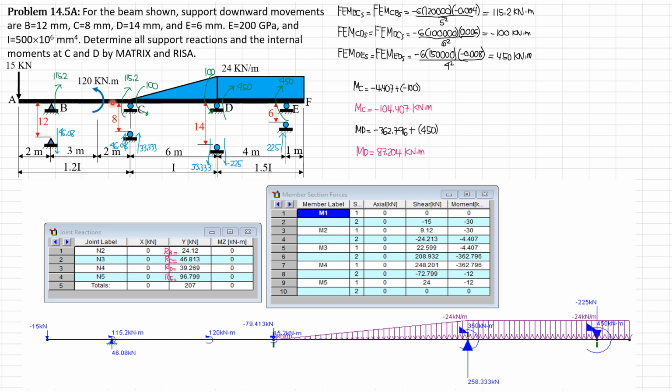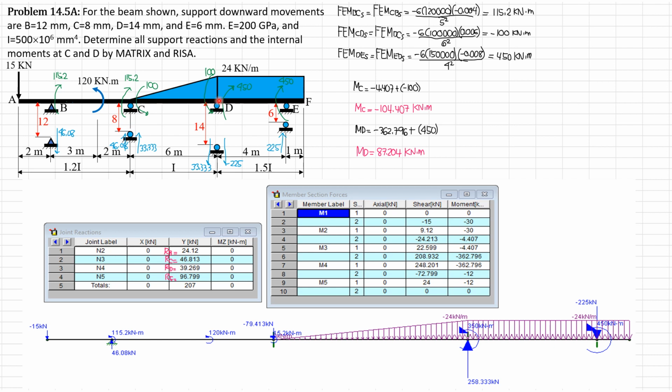Since there's no other vertical or downward load on BC, we expect that the fixed force CB is numerically equal to 46.08, so it is upward here.